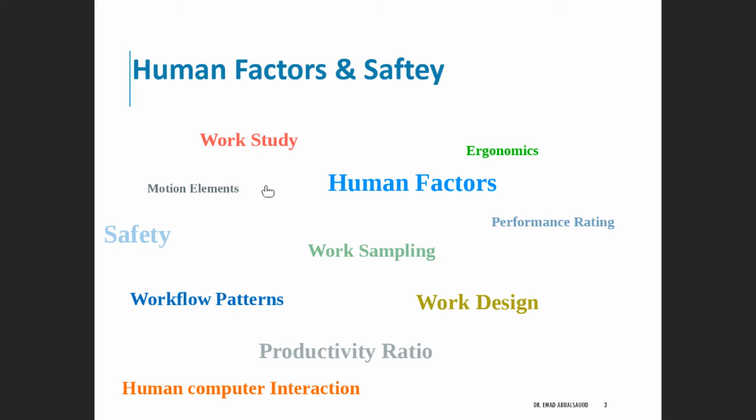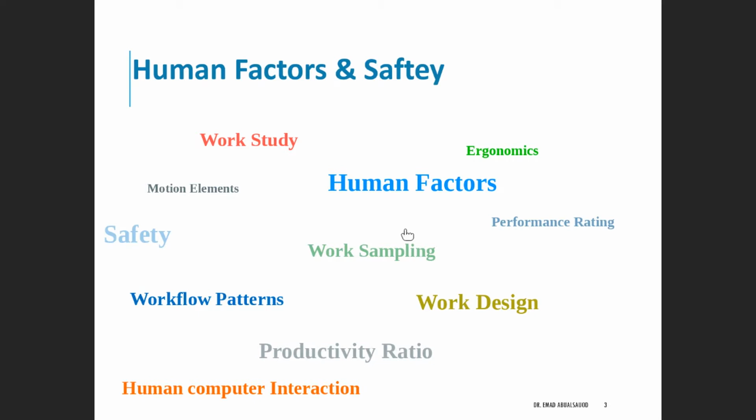All these, whether a technique, a method, or a sub-discipline itself, are covered in your journey under this area. For example, you will take a course named work study, and you will learn some of those techniques like work sampling, work design, performance rating, and also the productivity ratio.